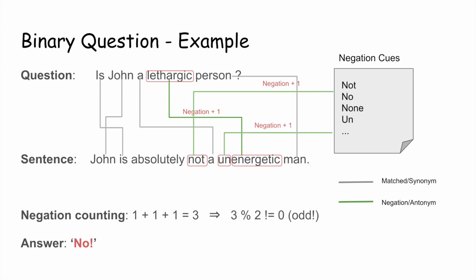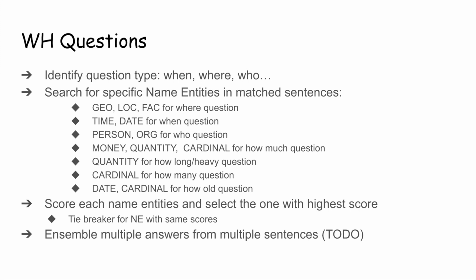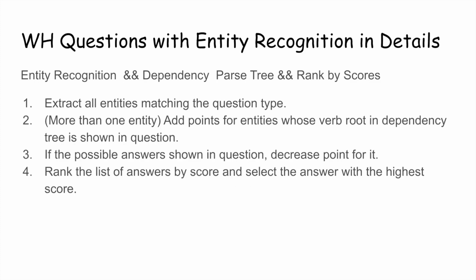Otherwise, it's yes. For WH questions, we identify the type and search for specific named entities in matched sentences as our answer. If multiple answers can be found, we score each candidate answer and use a tiebreaker when necessary.